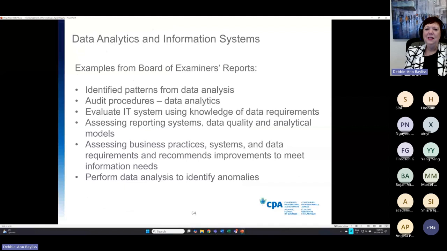The types of examples that have happened in the past are particularly examples where people have been asked to identify patterns, to provide audit procedures around data analytics, to provide some advice and evaluate the IT system that they have in place. The last example I've already shared with you: to perform data analysis to identify any anomalies.